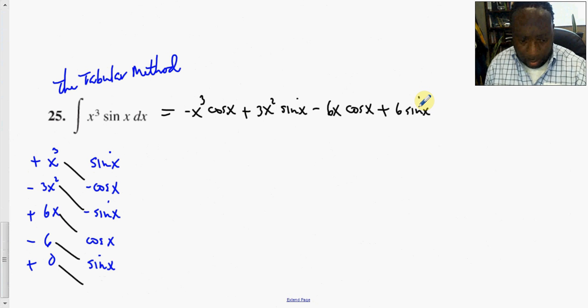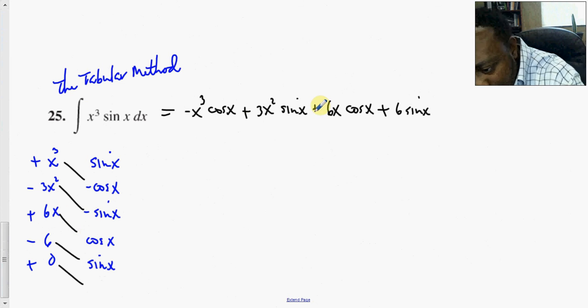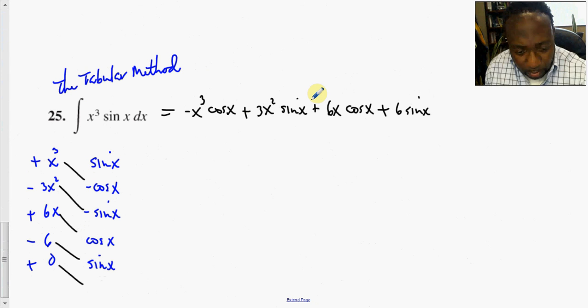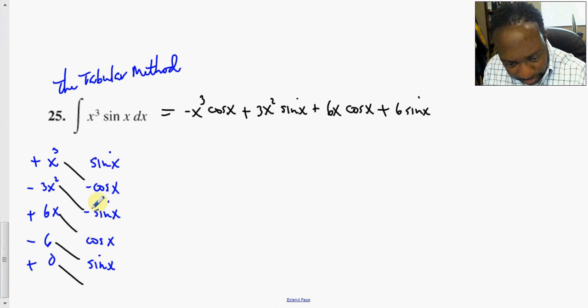Did I get them? Let's see. I need to match it up here. Take that back. This is negative, positive. This is positive. I didn't get it. This is positive 6x cosine x. Don't worry about that. Just we go by this, right?